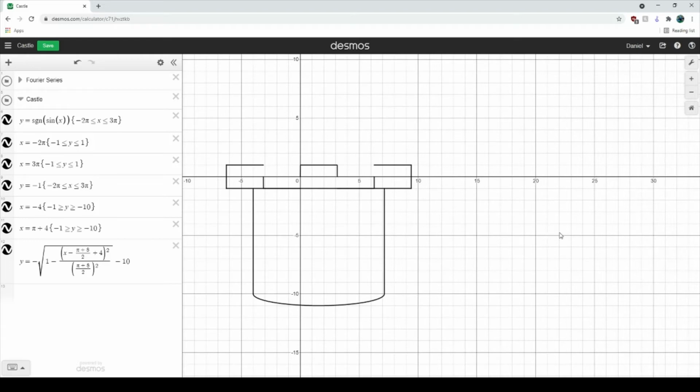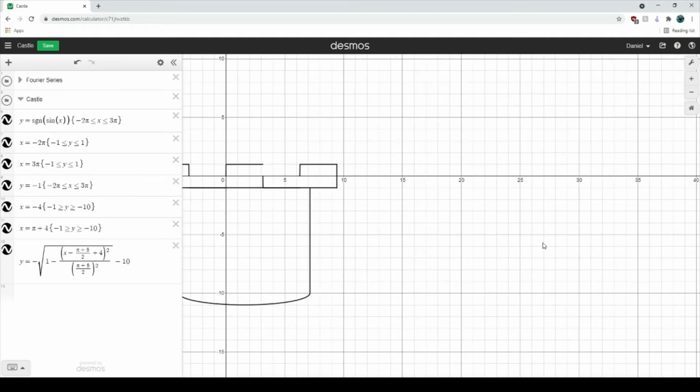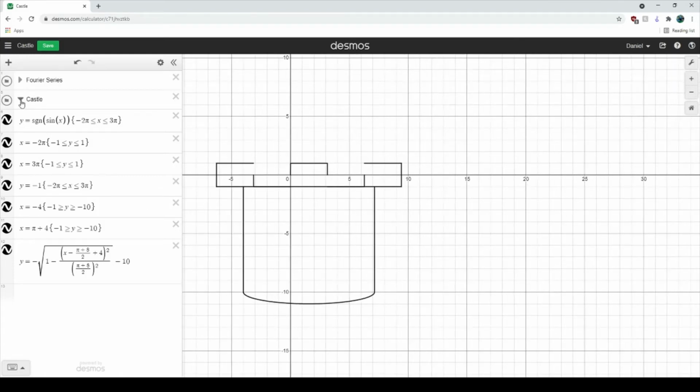So I'm going to leave that to you to do. In the next video, I would already have the other side done. I would already have the middle piece done, and I'll show you how to incorporate them.